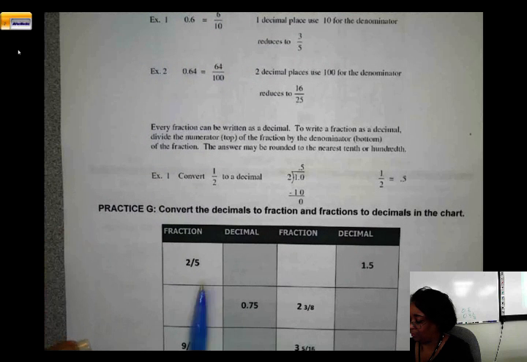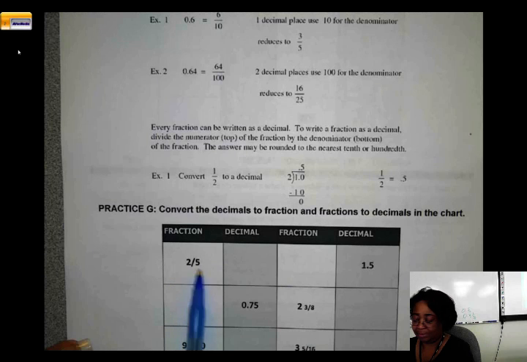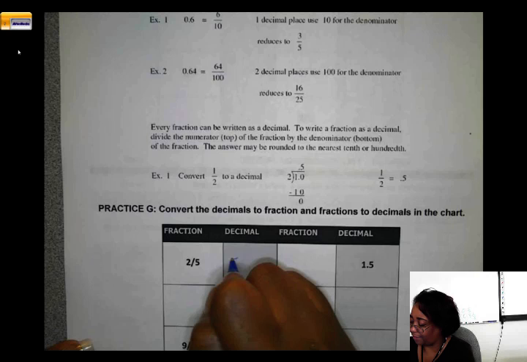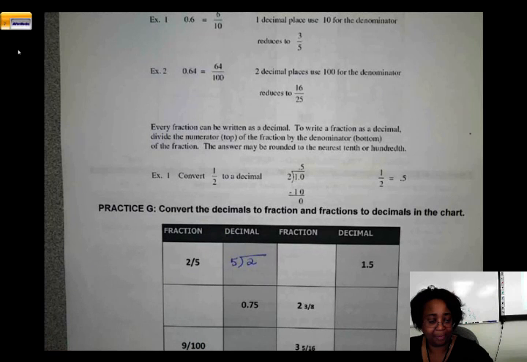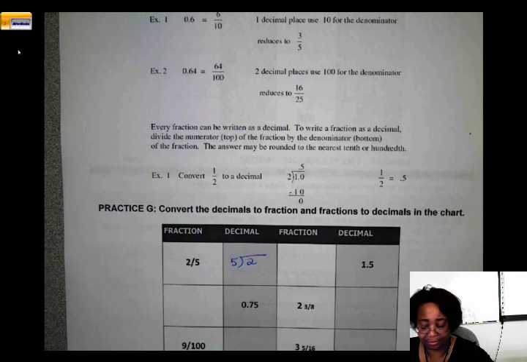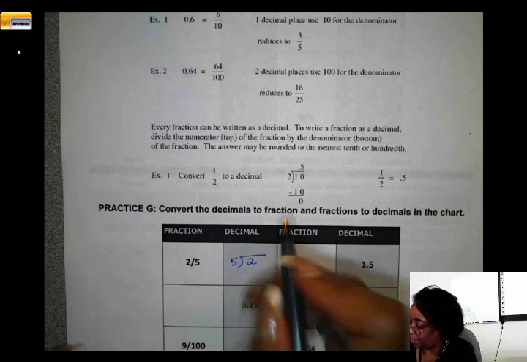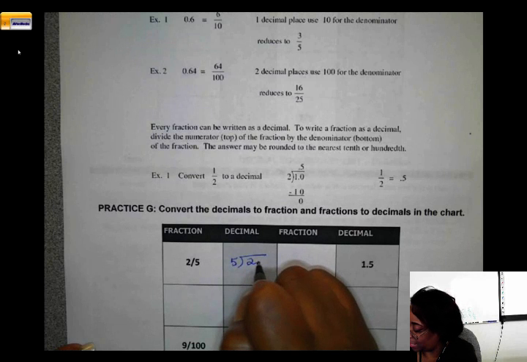So you went from 2/5. If I were to take 5 into 2, and I add a decimal here, because I know 5 cannot go into 2, so I'm going to add a 0.